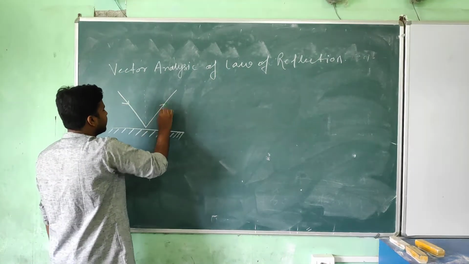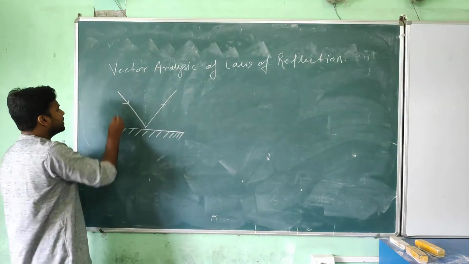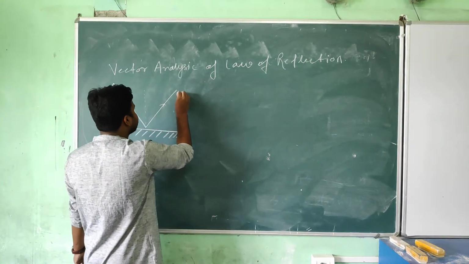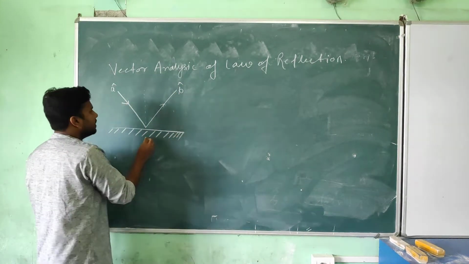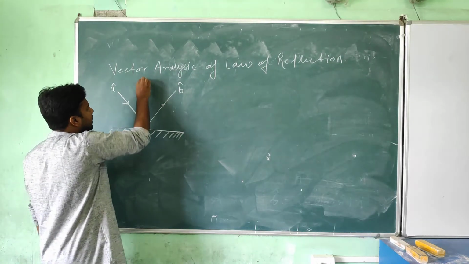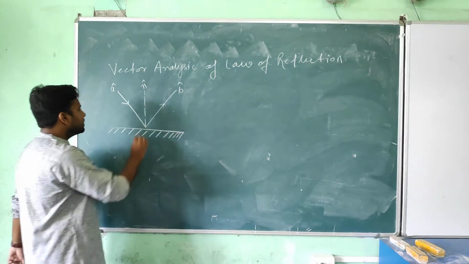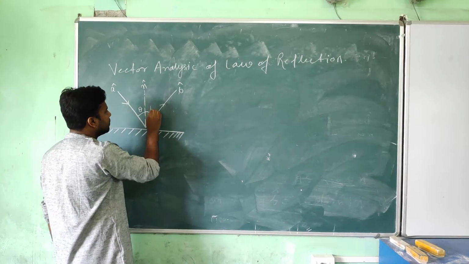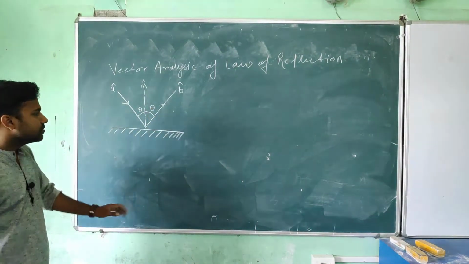Okay, so here we are denoting the incident ray with A cap and the reflected ray with B cap, and I am denoting the normal with N cap. This is the angle of incidence. I am assuming it's theta, then the angle of reflection will also be theta. Very simple student.